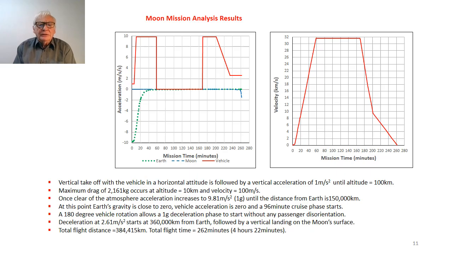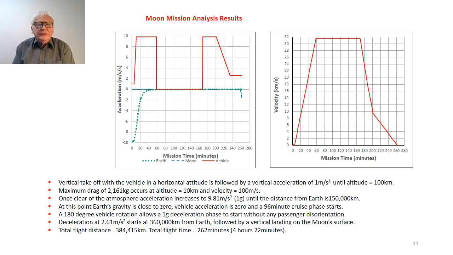Now we have an initial 1G deceleration period, and once we get to 360,000 kilometers from the Earth, we reduce the deceleration down to 2.61 meters per second squared, and this brings us into the ability of a vertical landing at the correct place on the moon's surface.